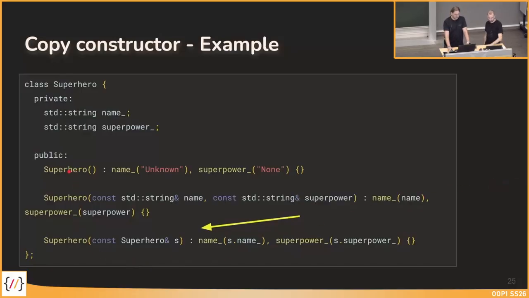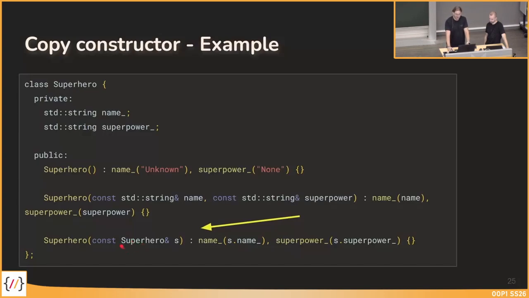So we know these constructors here. We have a constructor without any arguments. We have this constructor with arguments for the name and for the superpower. And then there's this, I would say, weird-looking constructor which expects a superhero as an argument. But that's actually what the definition on the last slide said.